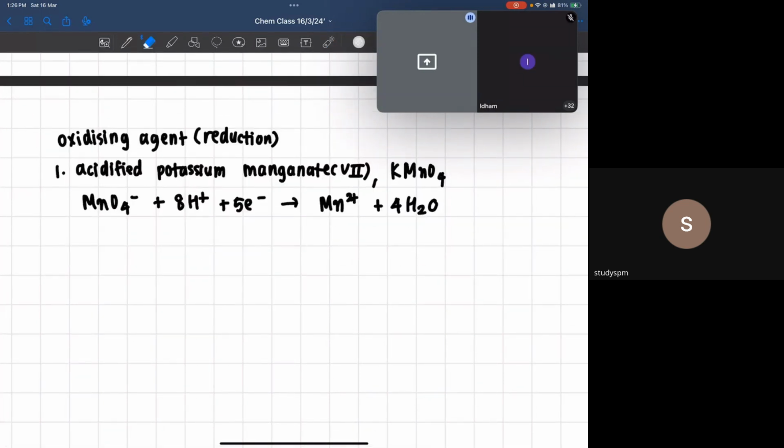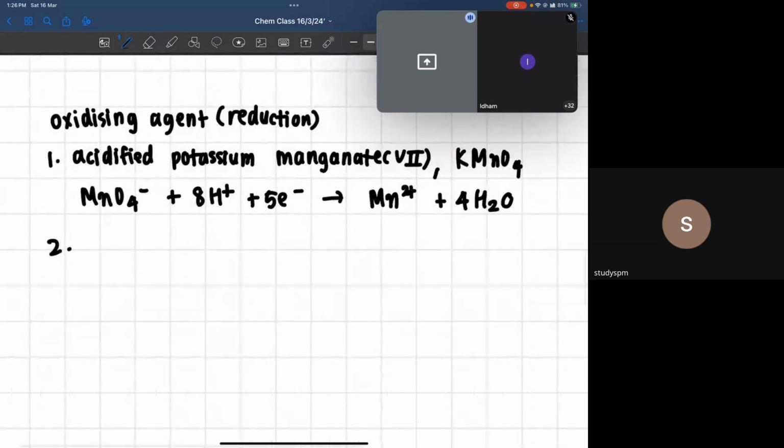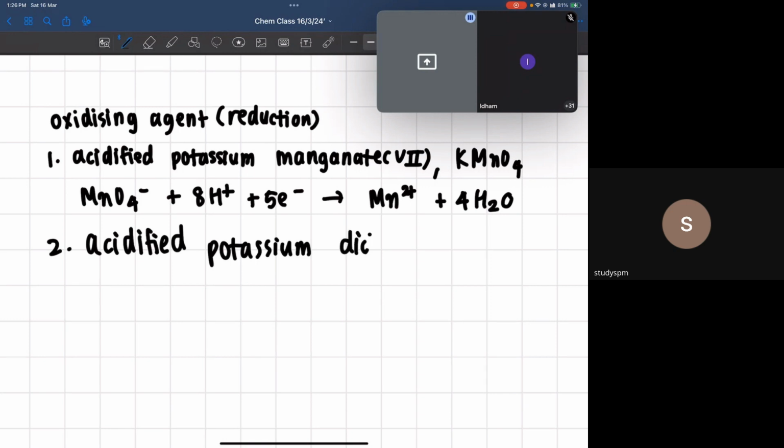Okay, and then let's look at another example for oxidizing agent. The same thing, acidified potassium dichromate. Acidified here also important because it gives hydrogen ion. Potassium. This one is in your textbook, okay, don't worry. Then dichromate. 6. Okay, one more.